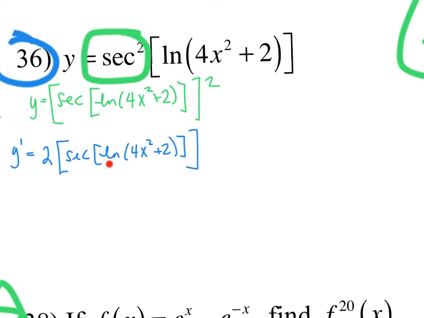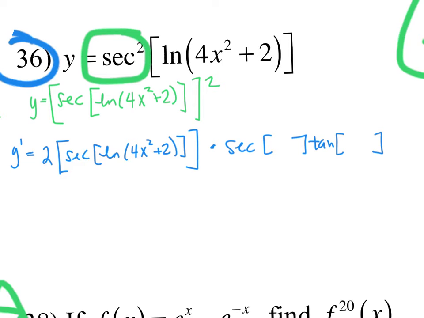Our d stuff is a trig function with an angle that's an ln. So we're going to do d trig, d angle. D trig: secant of blah, blah, blah times tan of blah, blah, blah. So the derivative of secant is secant tan.